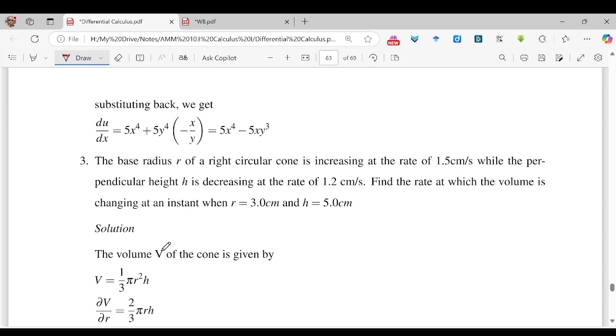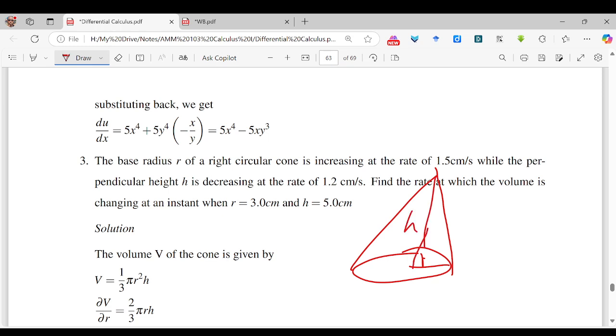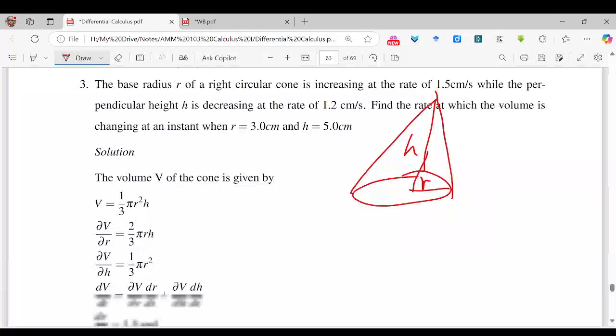Remember, when you have a cone of base radius r and perpendicular height h, then the volume is given by 1/3 pi r squared times h. So it's a function of two variables.